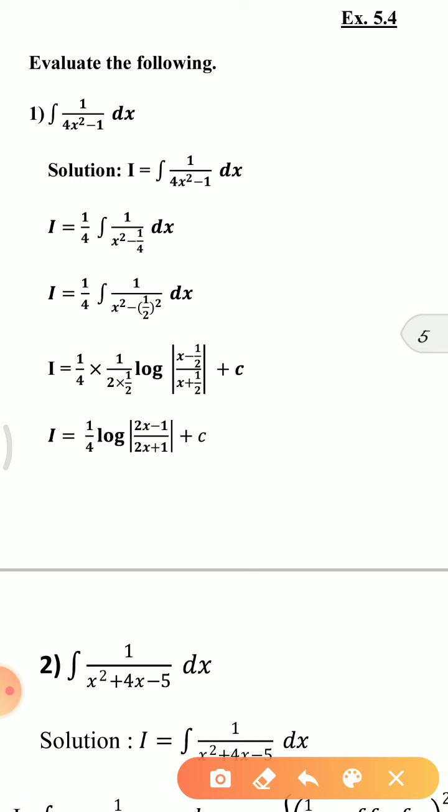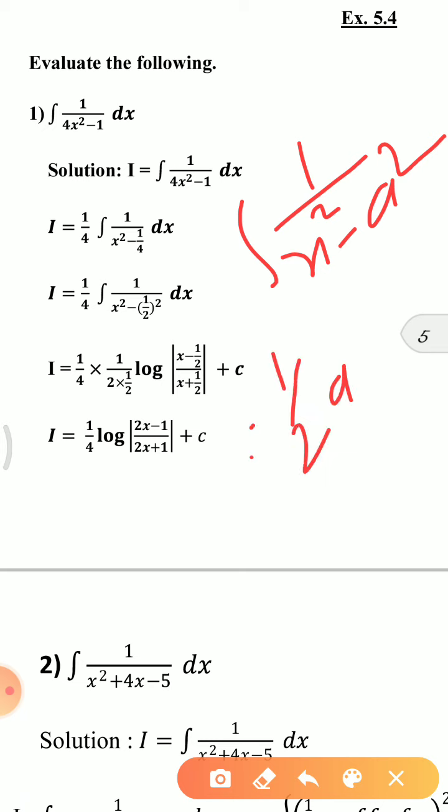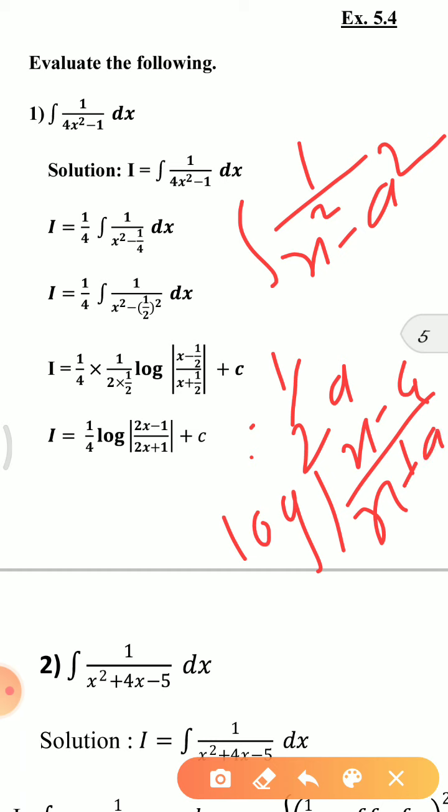Then the next step: I is equal to 1/4 integration of 1 upon x square minus 1/4. 4 is 2 square, so 1/4 is (1/2) the whole square, dx. This is in the form of the integration of 1 upon x square minus a square dx, and you know the formula is 1 upon 2a log of (x minus a) upon (x plus a).